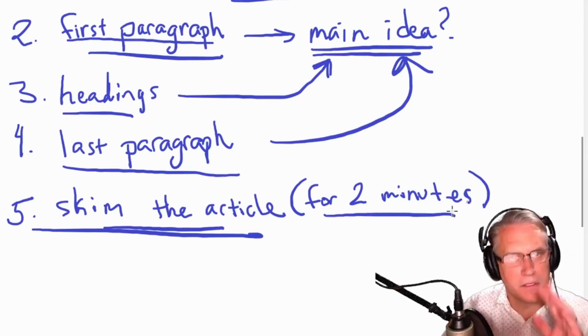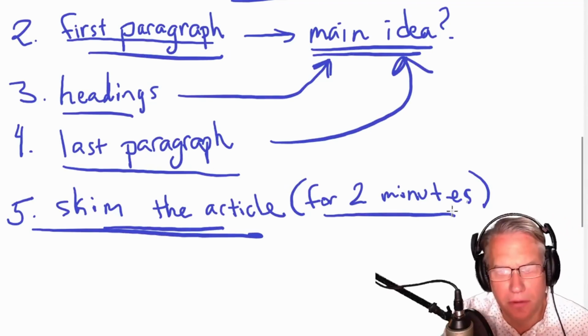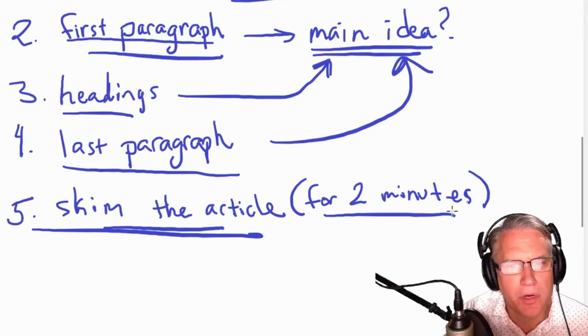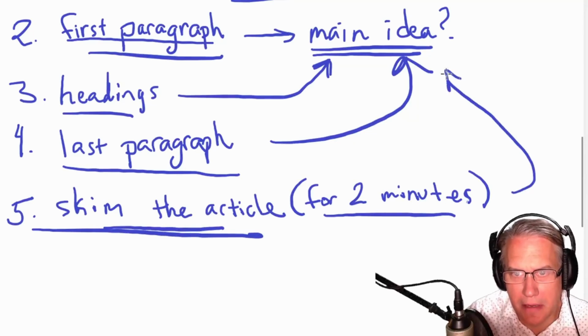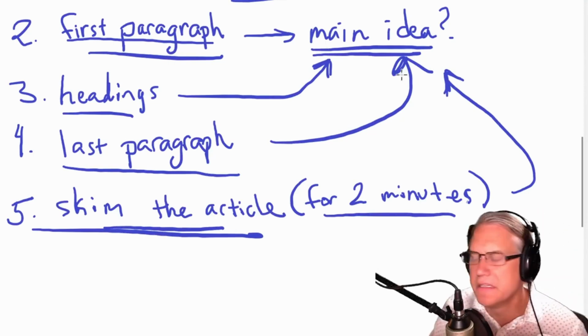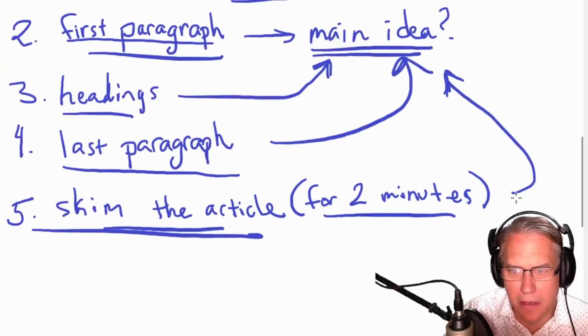So for 2 minutes, we'll skim through the article, all in the service of trying to understand the main idea. Again, what is the main idea? This is the goal. We're not worried so much about the details. We want to focus on the main idea.